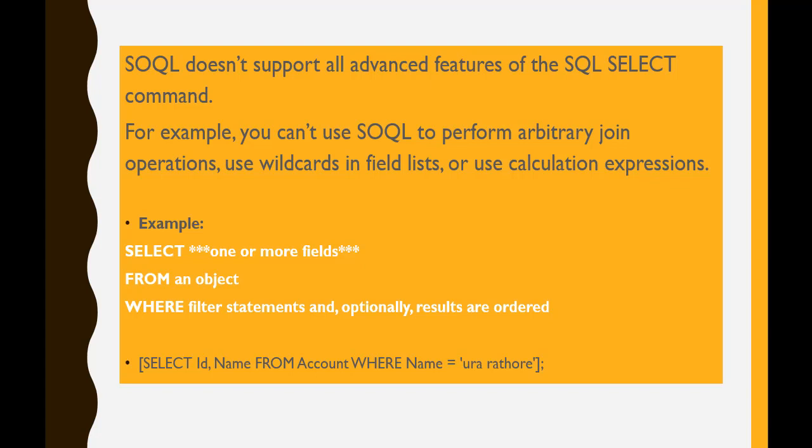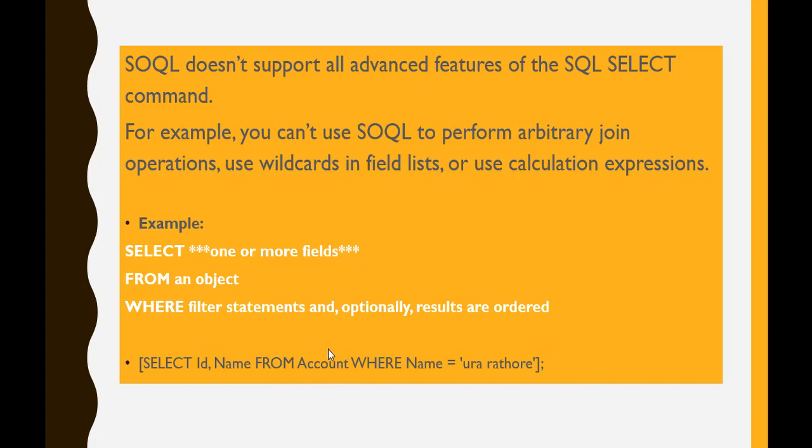Let's say we wanted to fetch particular fields of a record from a particular object. In this example, select is the main keyword that we have to use. Then ID, so we are telling which fields we want to retrieve. We want to retrieve the ID field and the name field. Then we are specifying from, that's another clause here, from account.